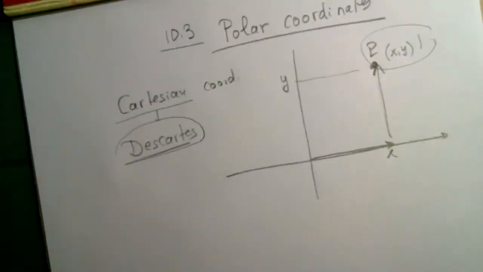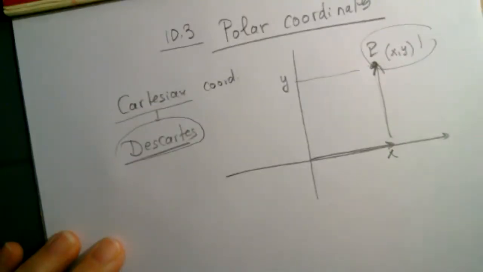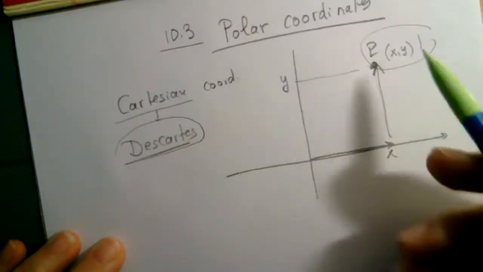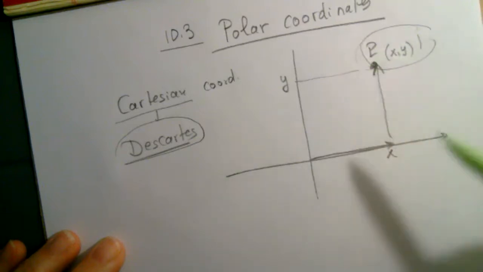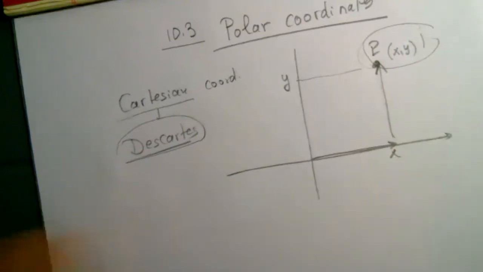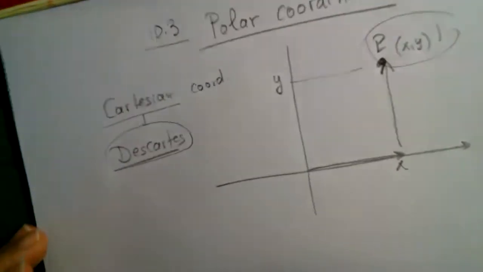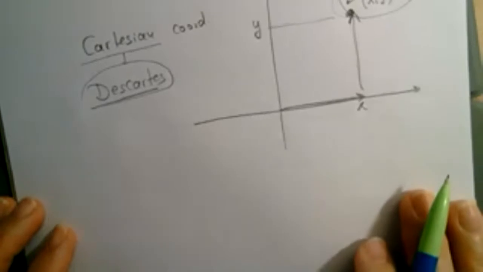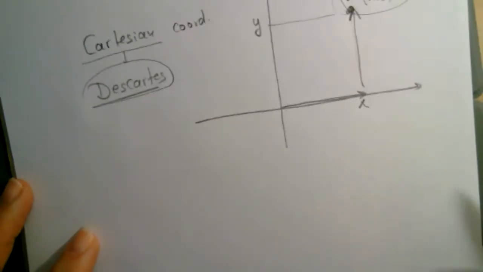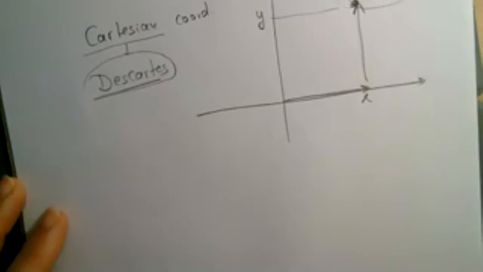It wasn't really an old idea. It was sometime in the 16th century that people started thinking about locating points by using coordinates. So today we're going to locate points in the plane by using another representation, and that's where the polar coordinate comes from.